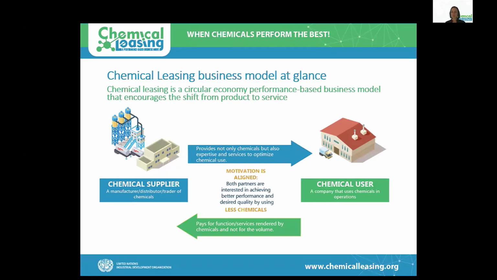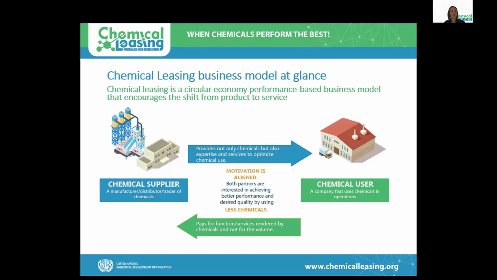In a normal business model, the supplier sells the chemicals, and the more he or she sells, the better, so the benefit is on the quantity. On the other hand, the chemical user is interested in using as little as possible, because that affects his funds.